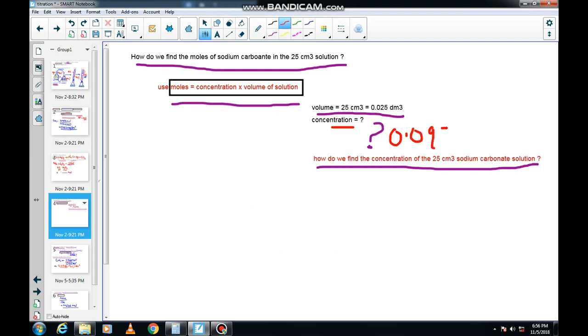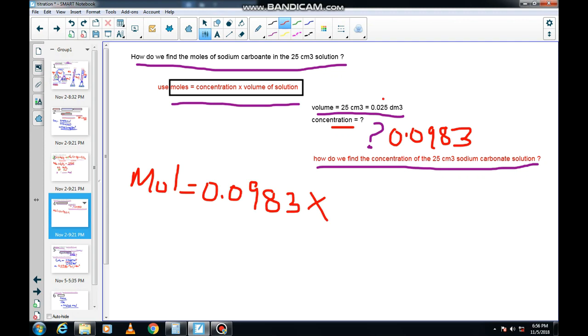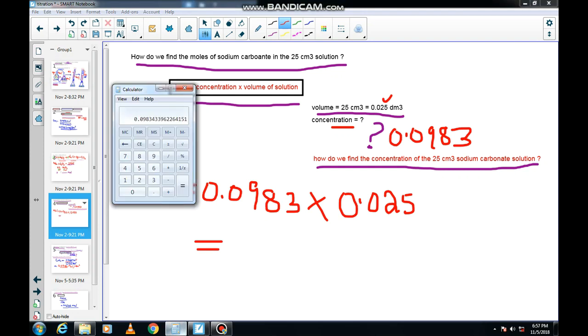Therefore, applying this formula, we have moles is equal to the concentration, 0.0983, multiplied by the volume of the solution, which is 0.025, and the answer that we get is 0.002458.